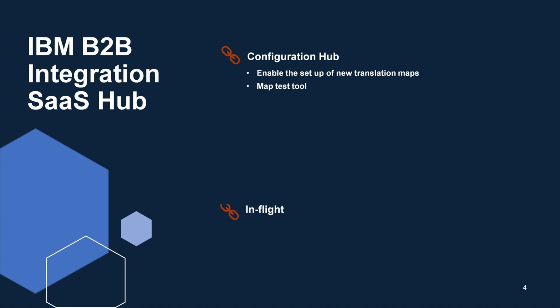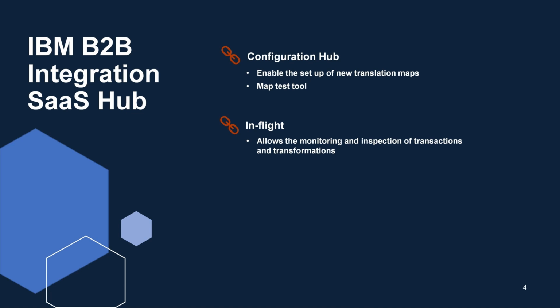As well as the configuration hub, you also have Inflight, and it's Inflight that gives you the ability to view the monitoring and inspect transactions and transformations. And it's here where you can actually view and download the content of the data for both inbound and outbound.